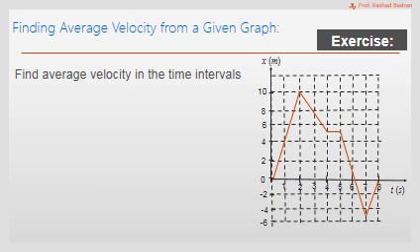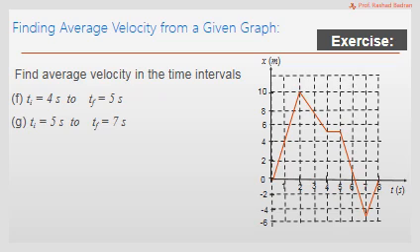I would like to give some tips on that. It's obvious for the time interval between 4 and 5 seconds that the object is not moving, so it is expected to get an answer of 0.